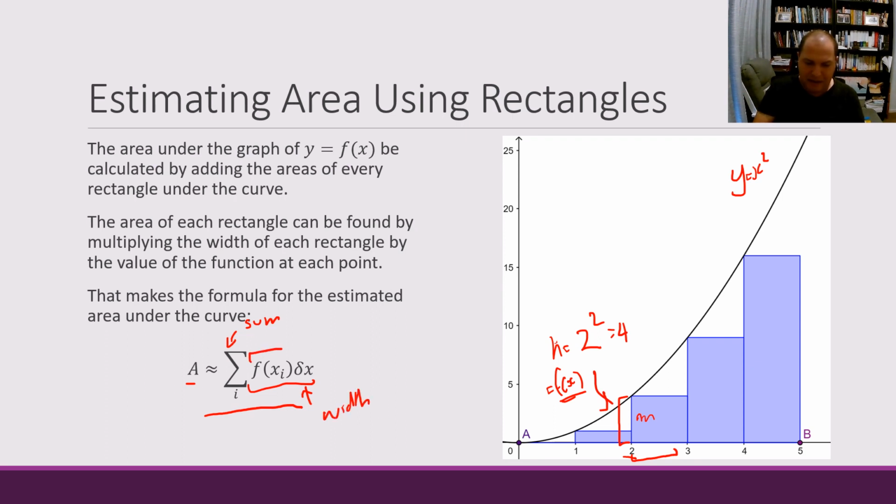This part here, f of x i, is the height of each of our rectangles. So what we're doing with this formula is summing length times width, or height times width, however you want to think about it. We're finding the area of each rectangle, determining the height of the function, multiplying by the width, and adding them all together.